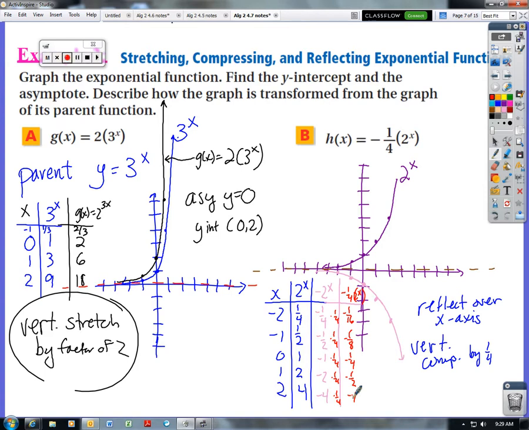Okay, so we can finally do our final graph. -2 is -1/16, so it's very close. -1 is -1/8, very close as well. 0 is -1/4. 1 is -1/2, and 2 is -1. And that's the final one, h of x.